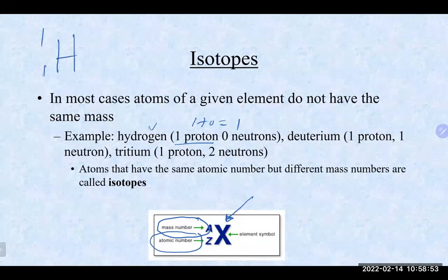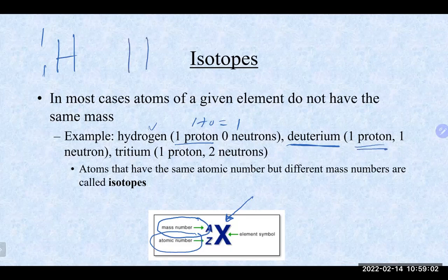Deuterium, again, even if you couldn't recognize that's hydrogen, when you see it has 1 proton, you could go to the periodic table and go, oh, that's still hydrogen. And that would be obviously 1 on the bottom left. In this case, it is 1 proton plus 1 neutron, which gives us 2 for the mass number.